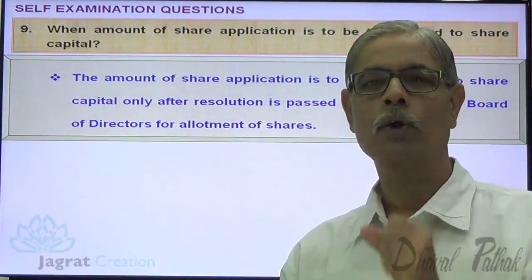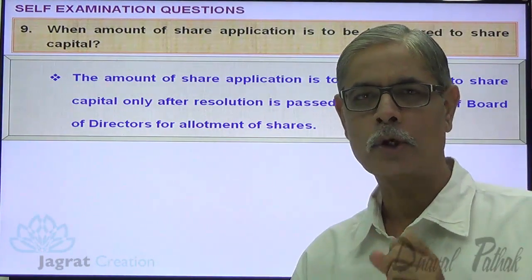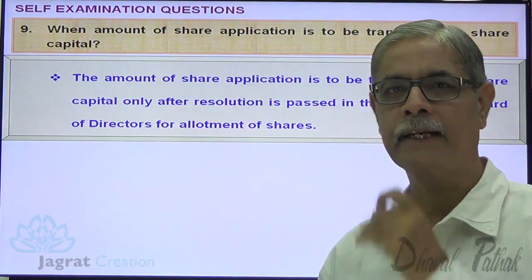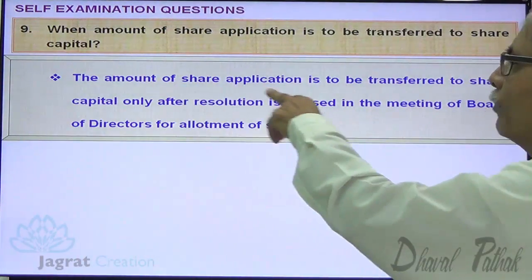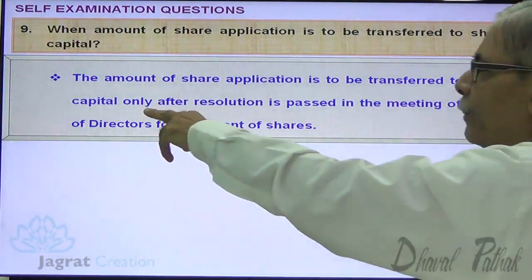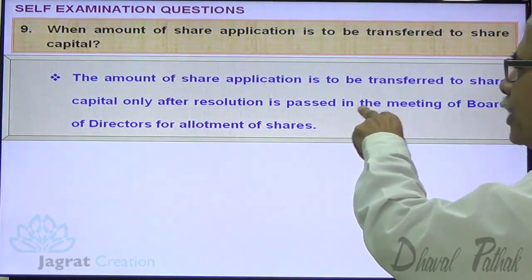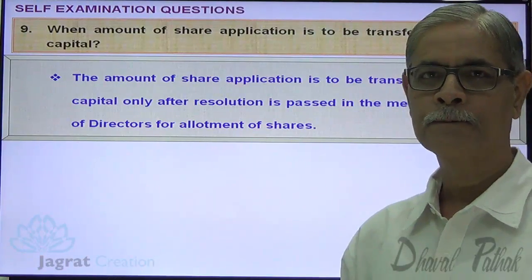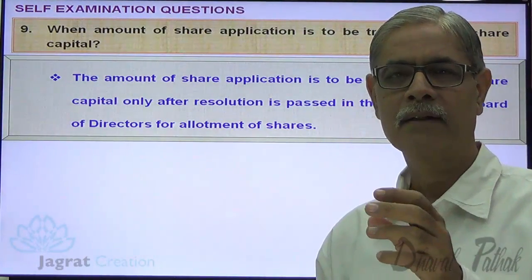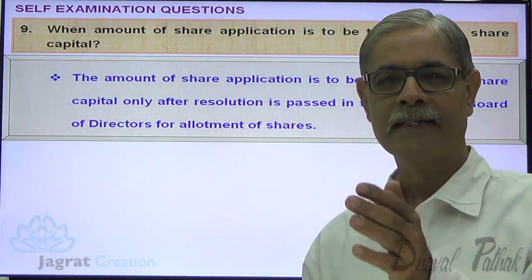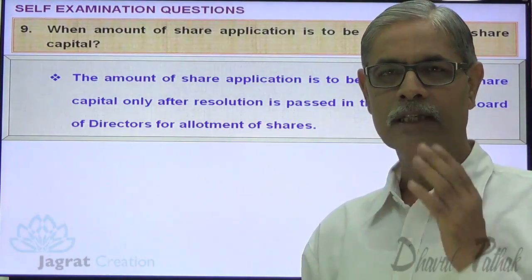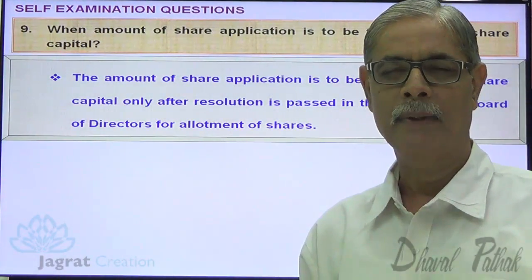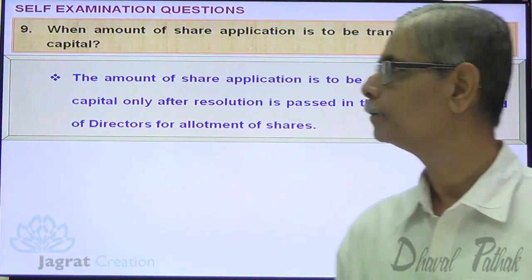By passing a resolution for allotment, and that resolution has to be passed in a board meeting. So the amount of application is to be transferred to share capital only after the resolution is passed in the meeting of the Board of Directors for allotment of shares. So on allotment, the company is entitled to consider the application money as its capital.